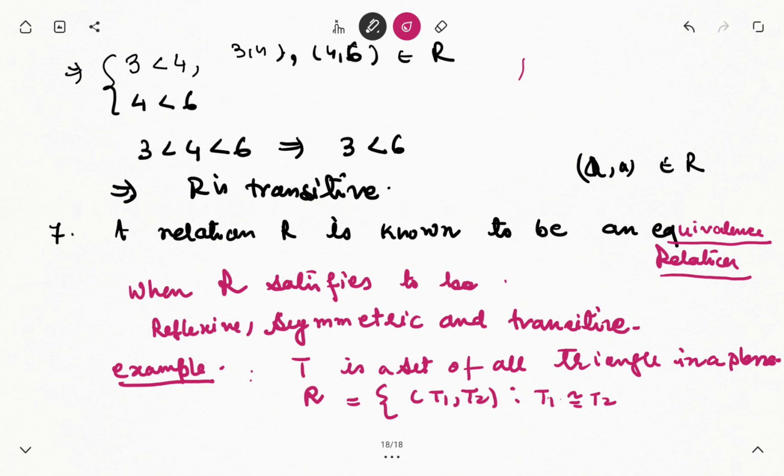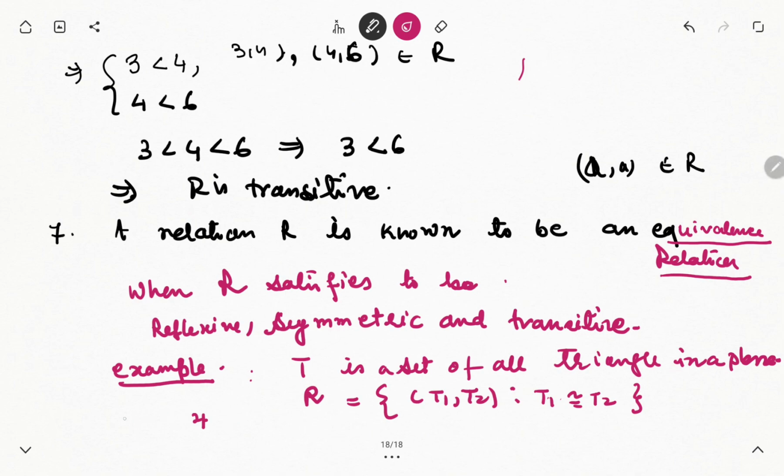Similar means they look the same, and congruent means they are equal in all respects. Their angles are equal and their sides are also equal. So T1 is related to T2 if they are congruent to each other, right? This is how it is defined. Now, if we consider this R, then we have to see whether this is an equivalence relation or not.